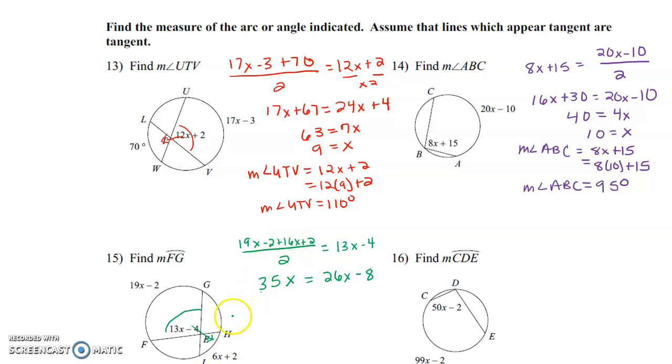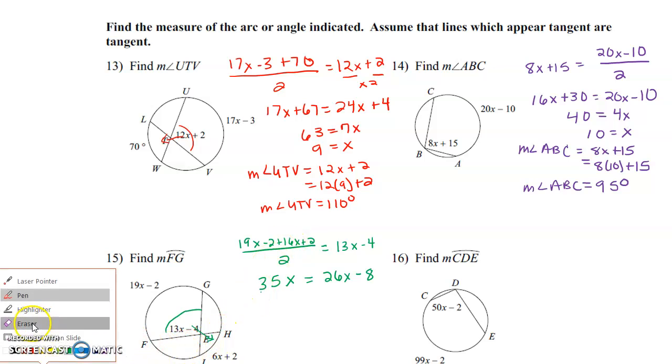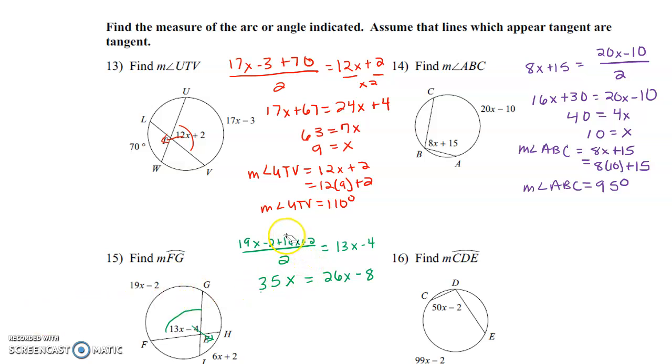Oops, I put a 16 here. This is why it's not working out for me. Let's see. This should be a 6x. So this is going to be 25x. My negative 2, positive 2 cancel out, equals 26x minus 8.